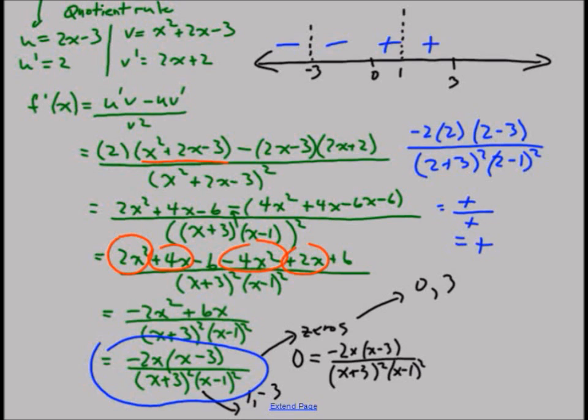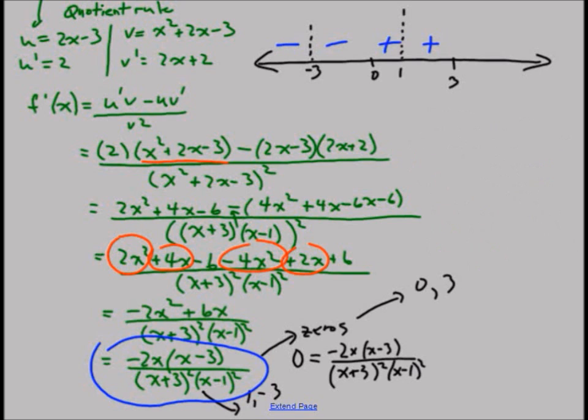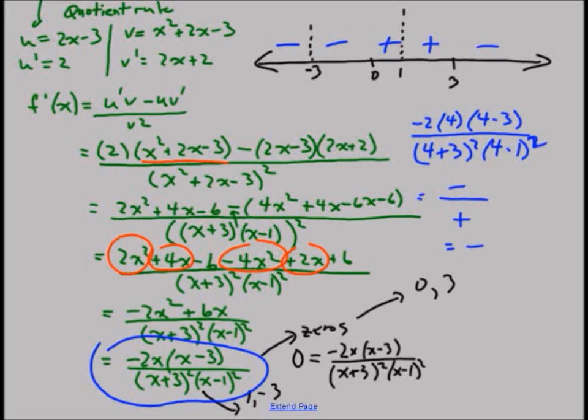And a number bigger than 3, so 4. Negative times positive is a negative in the numerator, positive in the denominator. That is negative.